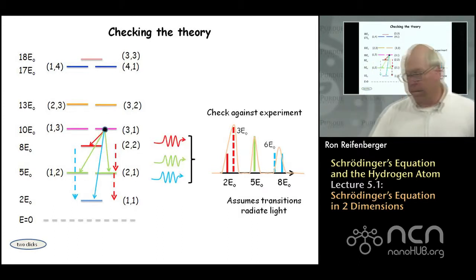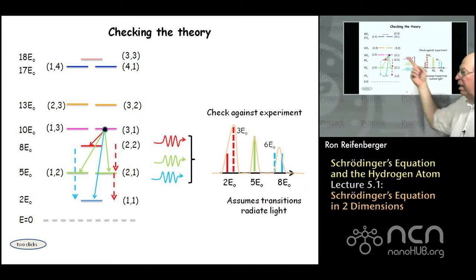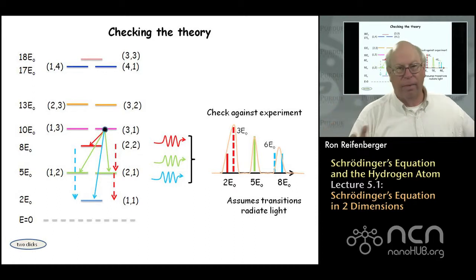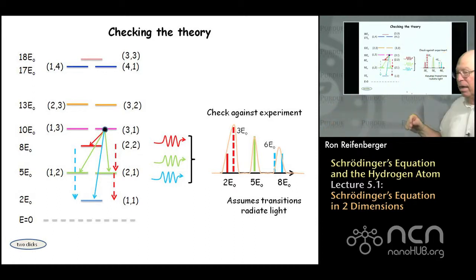Based on what we've already discussed, if you've got a particle in a quantum state, it can make transitions to other quantum states at lower energies, and these various transitions will emit photons. So just by measuring the light that comes out of this system after it's been excited, you can start to predict the energy spectrum, or the spectral distribution of light that comes out, in terms of the predicted energy levels of these particles. This assumes that these transitions would emit radiation.